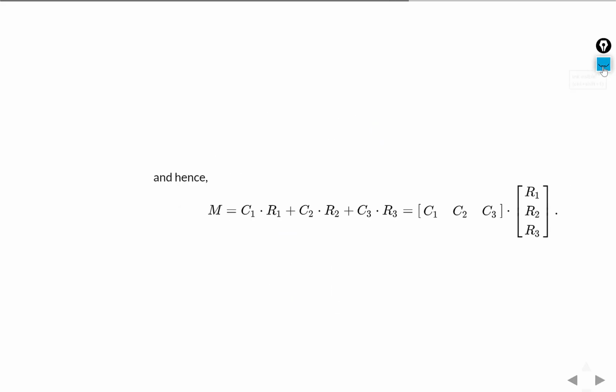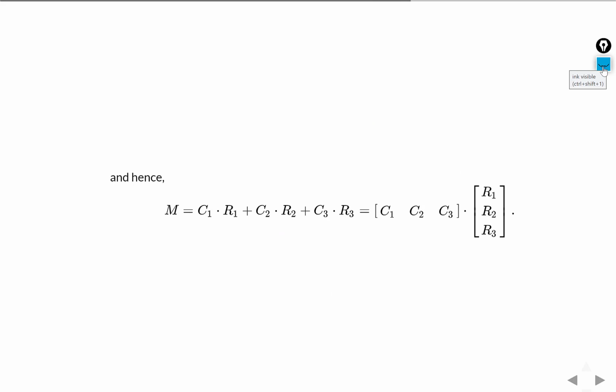Therefore, M equals C1 times R1 plus C2 times R2 plus C3 times R3. We can use the vectorized notation by concatenating C and R variables.